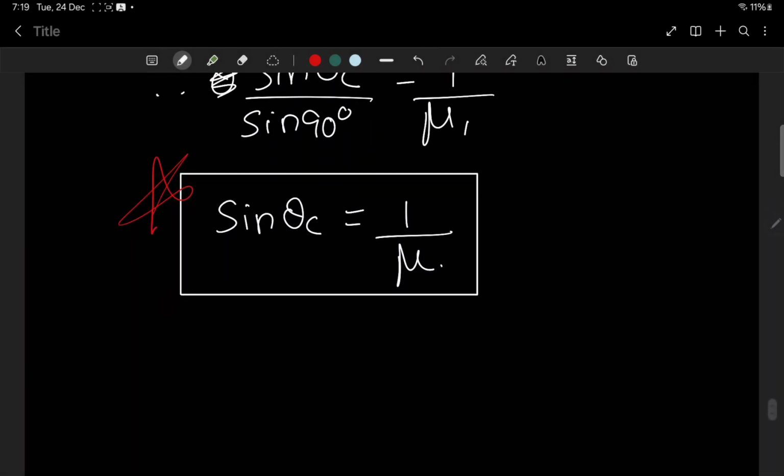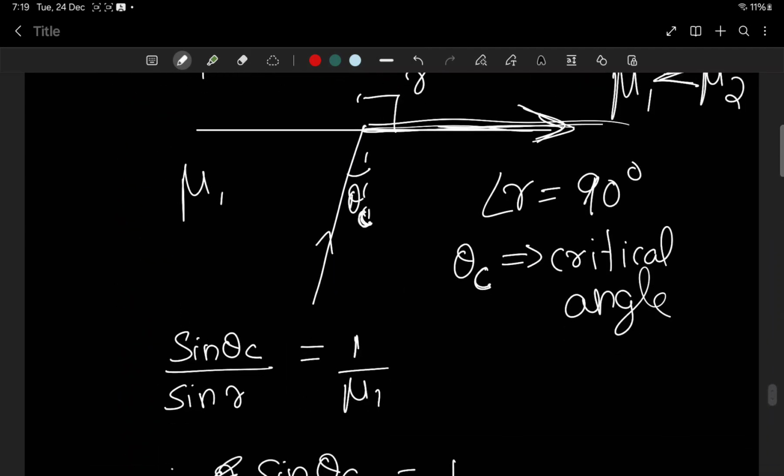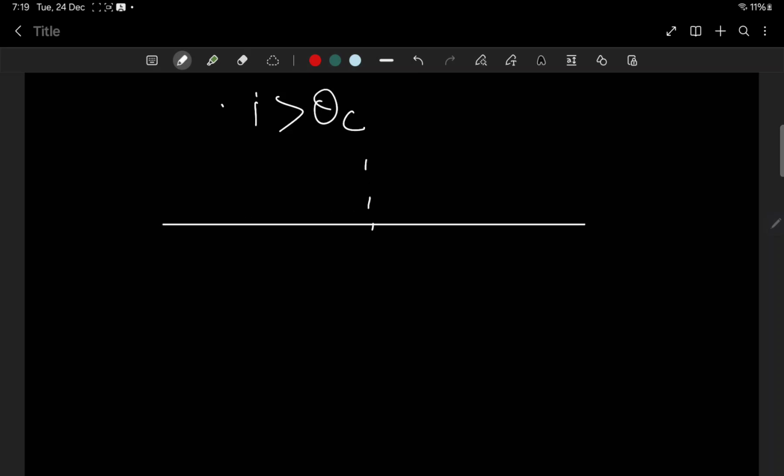Next, this is coming to an end. This is about the critical angle. What happens if the angle of incidence is greater than the critical angle? There happens the phenomenon of total internal reflection.